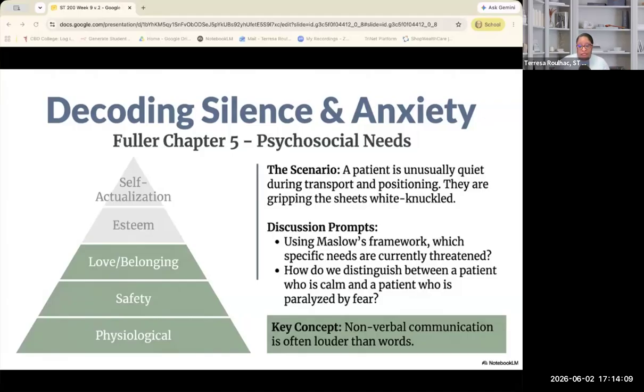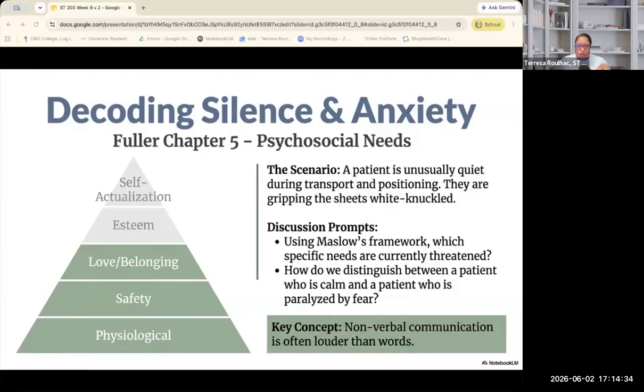So we look at Maslow's integration. Think about which needs might be threatened here. When safety, for example, feels compromised, physically or emotionally, the body responds. Silence can be that coping mechanism.